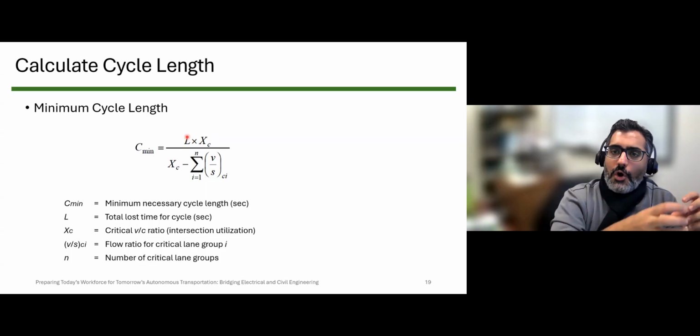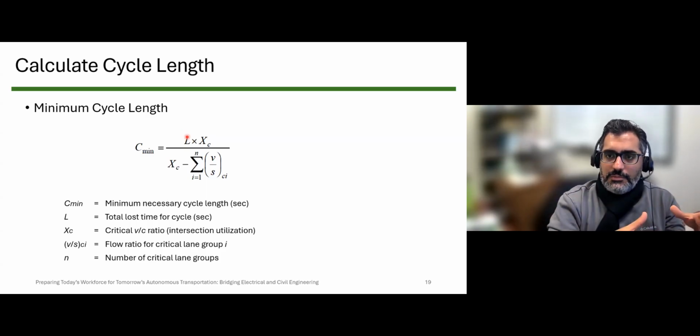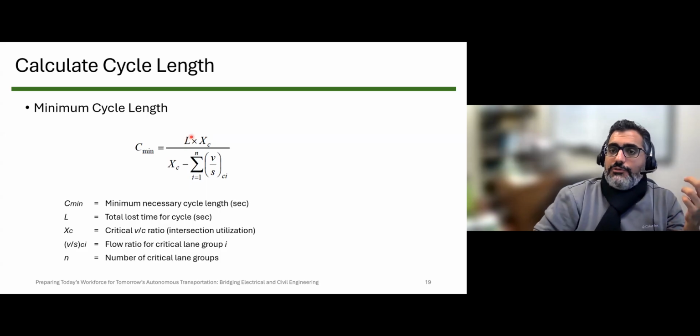So part of that is also lost. We call it clearance lost time. Then we have a lost time per phase, which would be the summation of this startup lost time and clearance lost time. And if we find that for all the phases in one cycle, we will find L, which is the total lost time for every cycle.